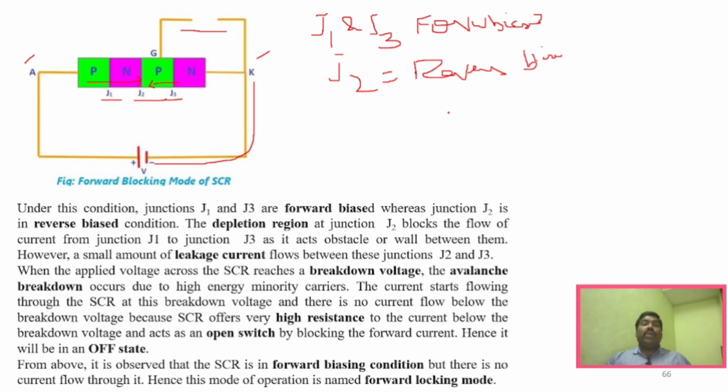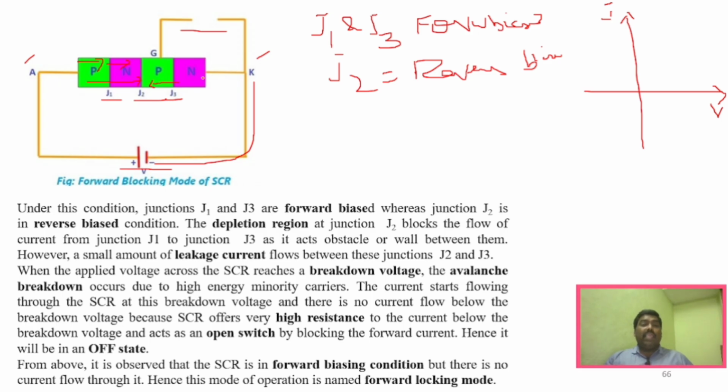Now, what is the working here? To understand the working, you take the VI characteristics. I consider this as voltage and this as current. You have given forward biased voltage. What will happen? The P side is connected to the positive terminal, so the majority carriers here, the holes, because of the positive, will move and go across this particular junction.